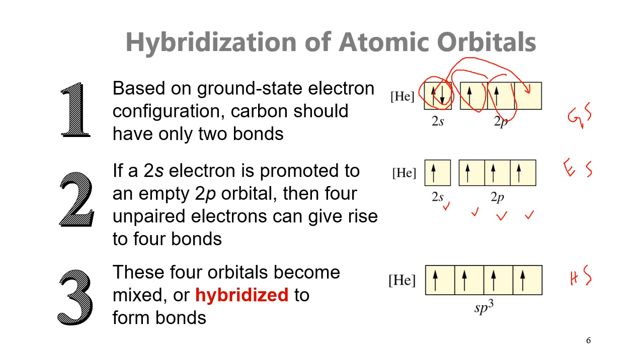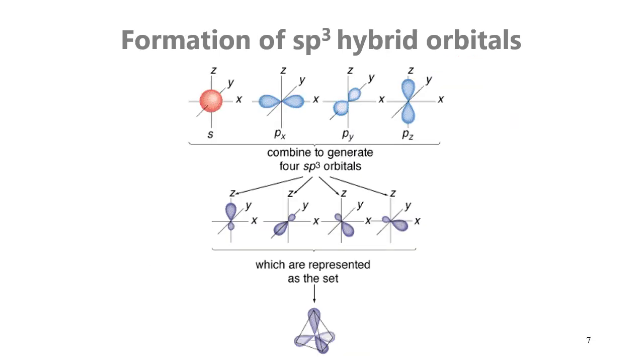You have to mention the ground state, excited state, and hybrid state if you are answering this kind of question. So towards the end, a new hybrid orbital is produced, which is a hybrid of s and p orbitals, producing sp3.